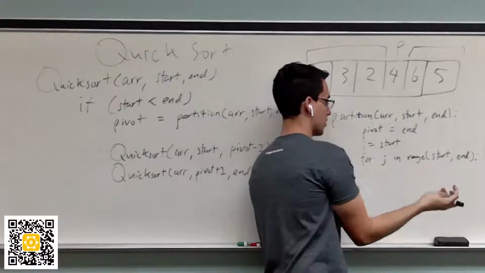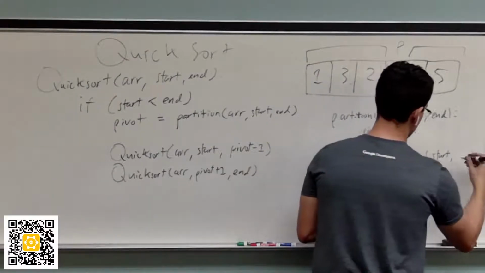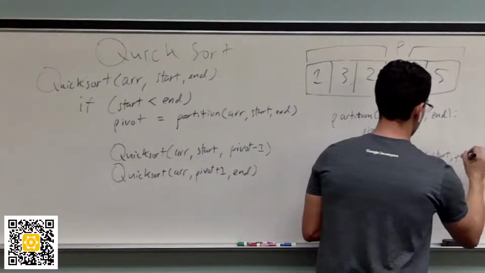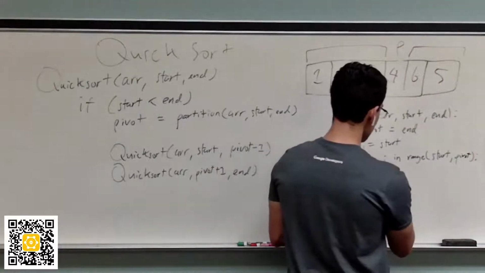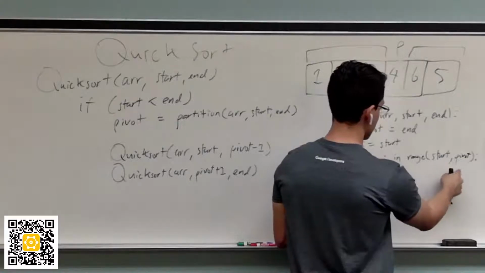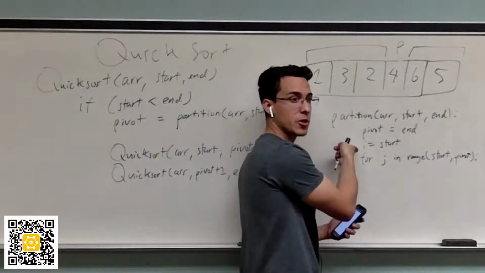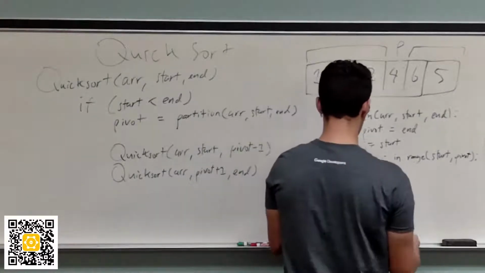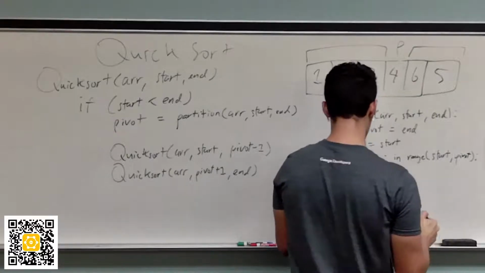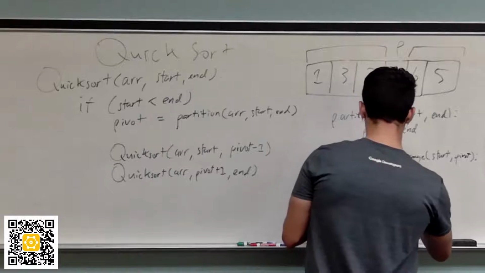And since end and pivot are the same, I'm actually gonna put it as the pivot. So for J, from start to the pivot minus 1, we're gonna do the swapping. Also, I is very important, and we only move I if it is less than. If it's greater than, we don't move I.